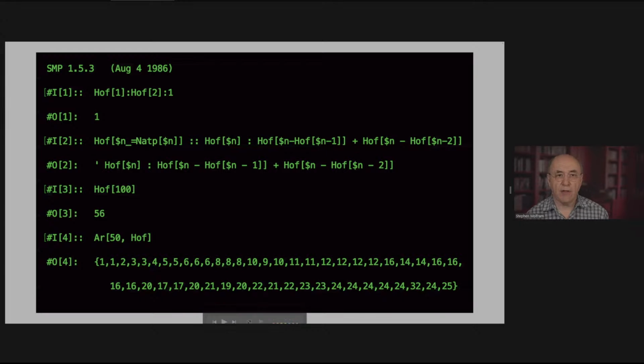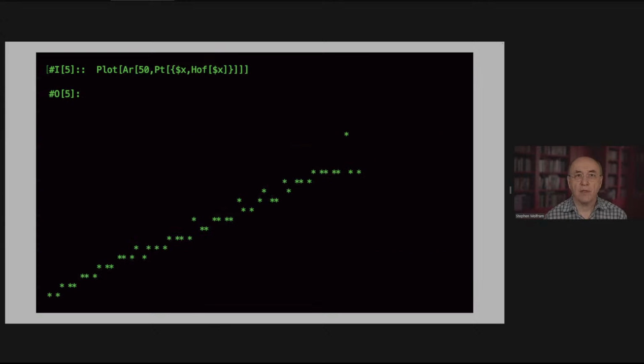So firing up a copy of SMP today, running on a virtual machine that still thinks it's 1986, I can run this piece of code and easily compute the function. So there it is. I can even plot it, though without an emulator or a 1980s period storage tube display, only the ASCIIfied rendering works.